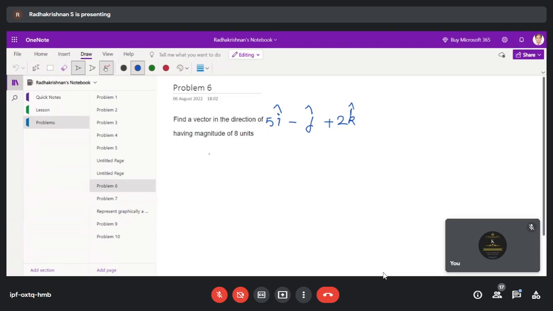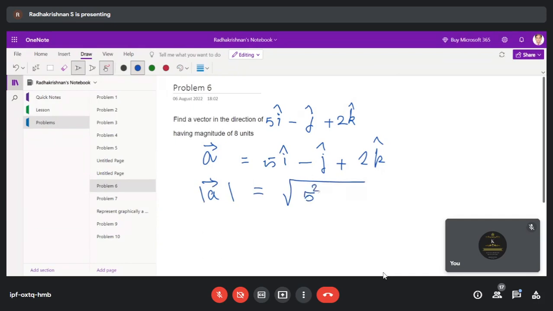Let this vector be A equal to 5i cap minus j cap plus 2k cap. Its magnitude is square root of 25 plus 1 plus 4, which is square root of 30.